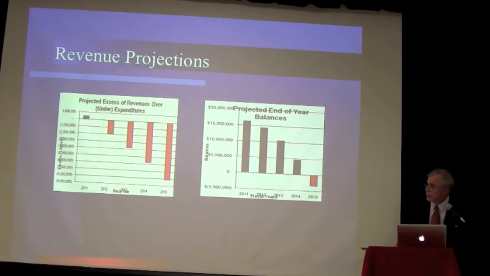But if you look at where we're trending as a school district, the bar chart on the far right basically shows that in 2011, I'm projecting we'll have a slight operating surplus.